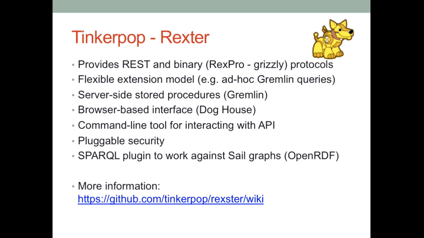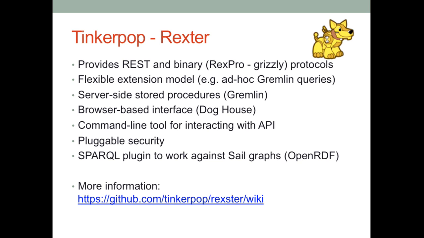All right, so let's move on and zero in on each one of these. So Rexster, I mentioned it provides this REST API. It also has a very flexible extension model. That's actually what was used to implement Gremlin, so you can send Gremlin queries to Rexster and it will execute them. Those who might be familiar with Neo4j's web UI, they have one that's similar.